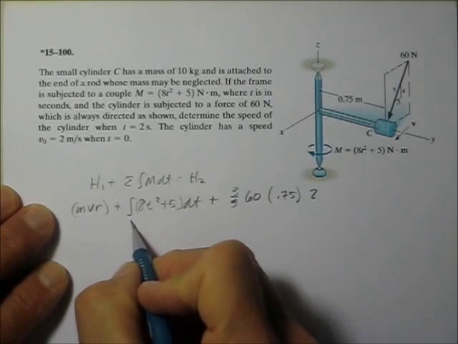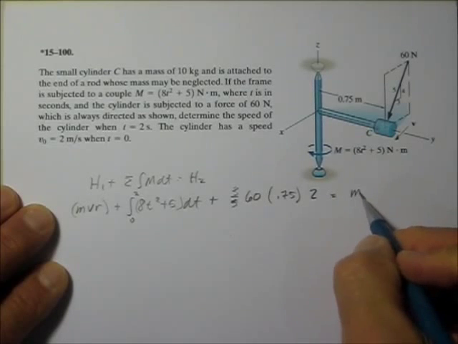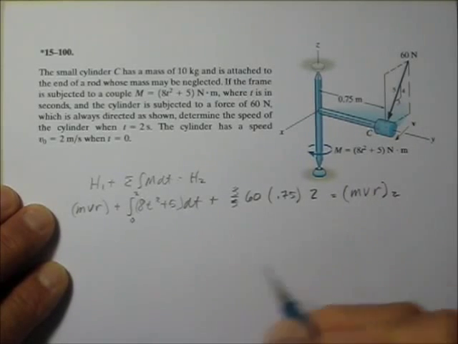We're going to integrate this from 0 to 2, and then we're going to equal our mvr at condition 2.